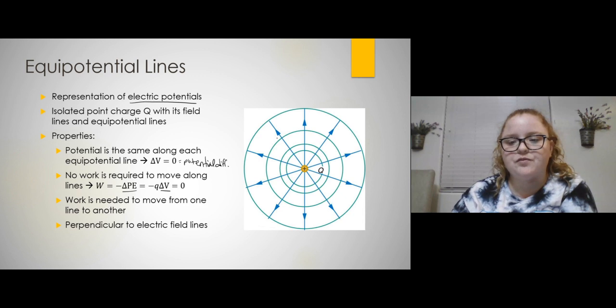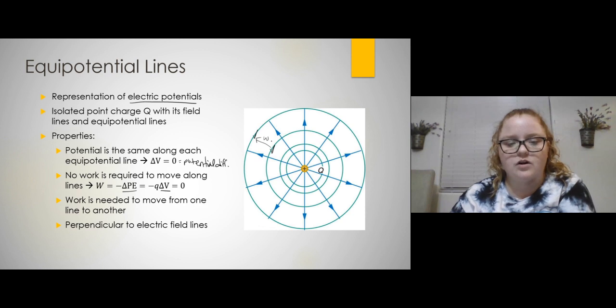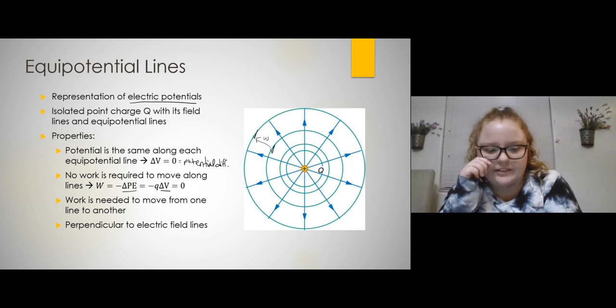But if we were to move from this equipotential line to this one, there will be some work that needs to be done. You have to do some work to move from one equipotential line to another.